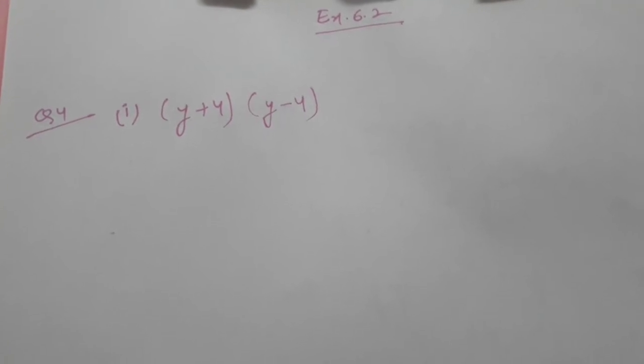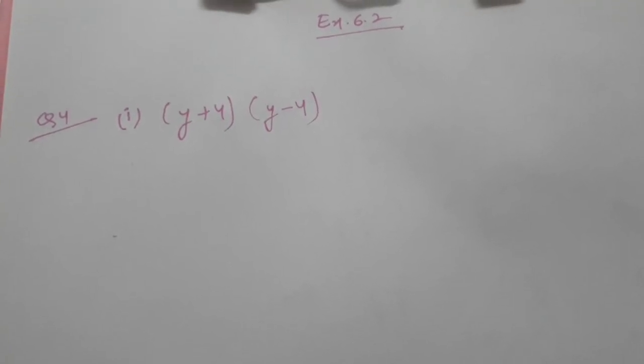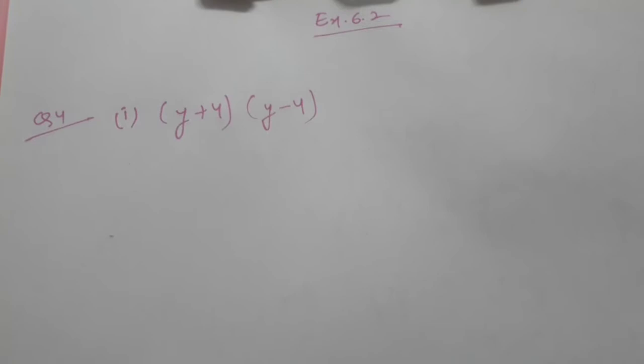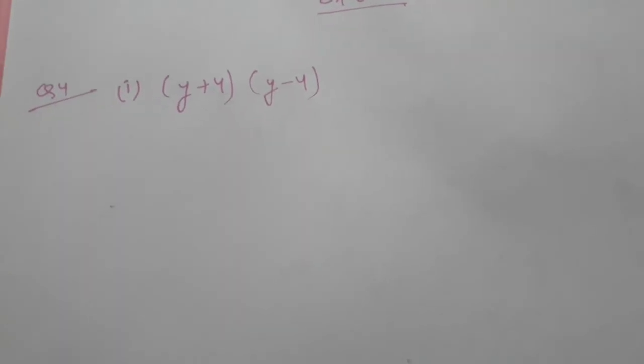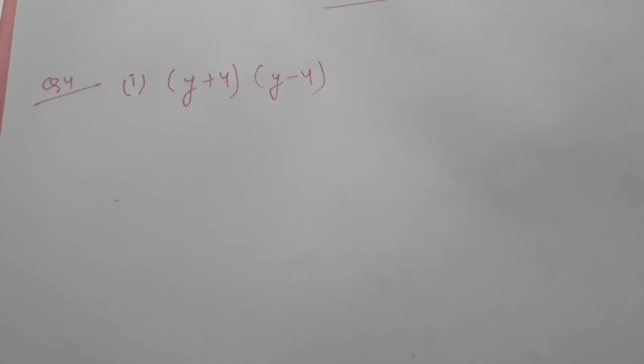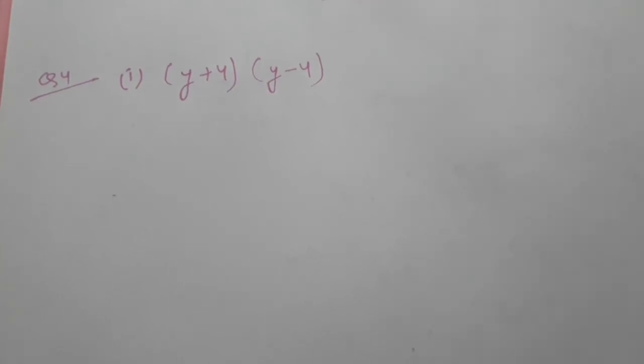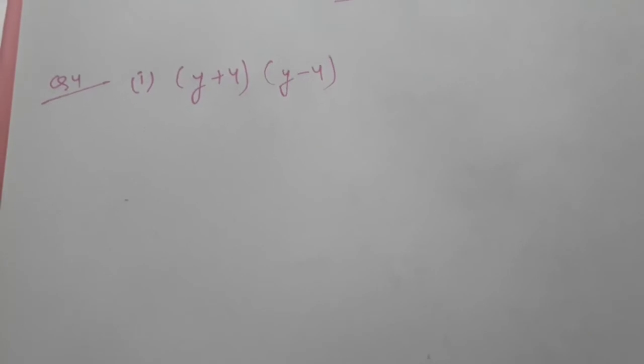Today in this video, I am going to solve exercise 6.2, chapter algebraic expressions, class 8, publication house Goel Brothers Prakashan, question number 4. Earlier we have discussed the identities (a plus b) whole square and (a minus b) whole square, and we have seen how to calculate the questions related to these identities.